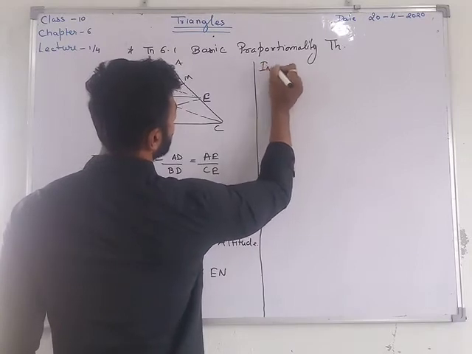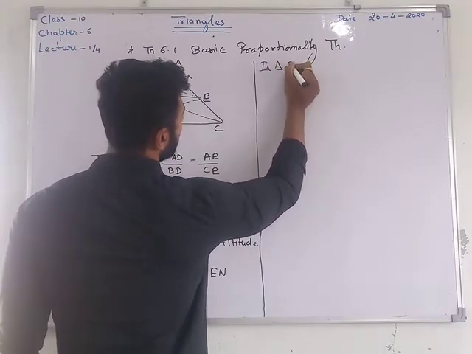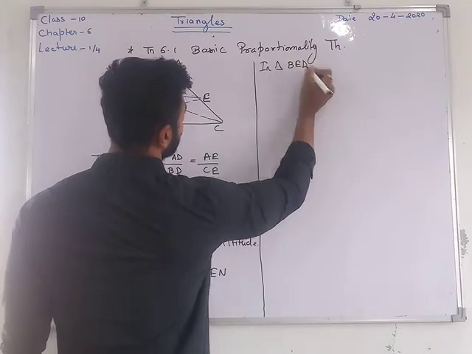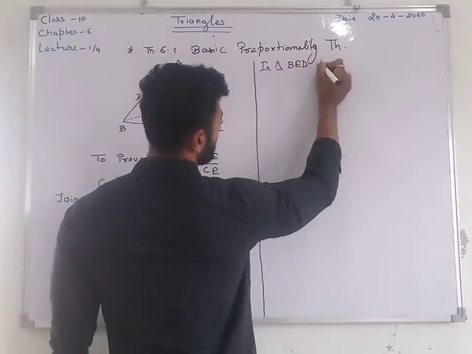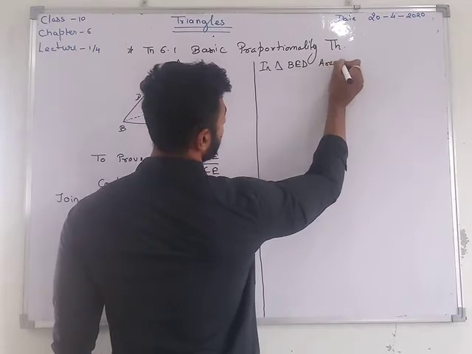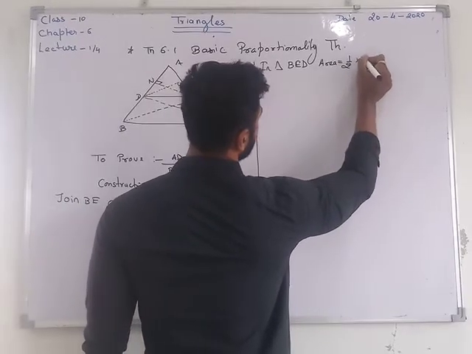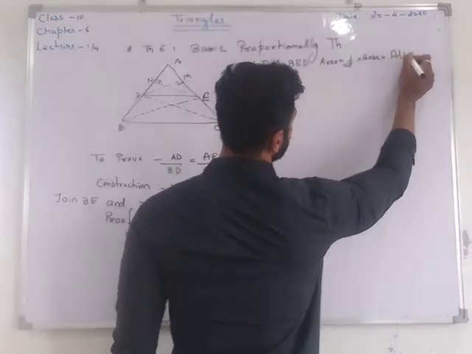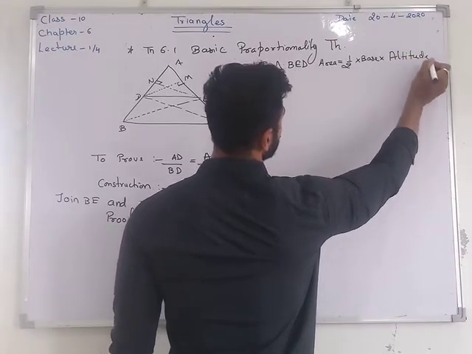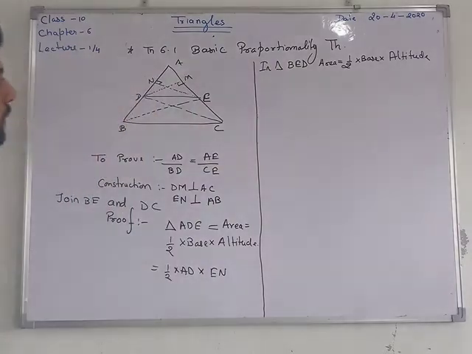In triangle BED, area is given by half base into altitude.